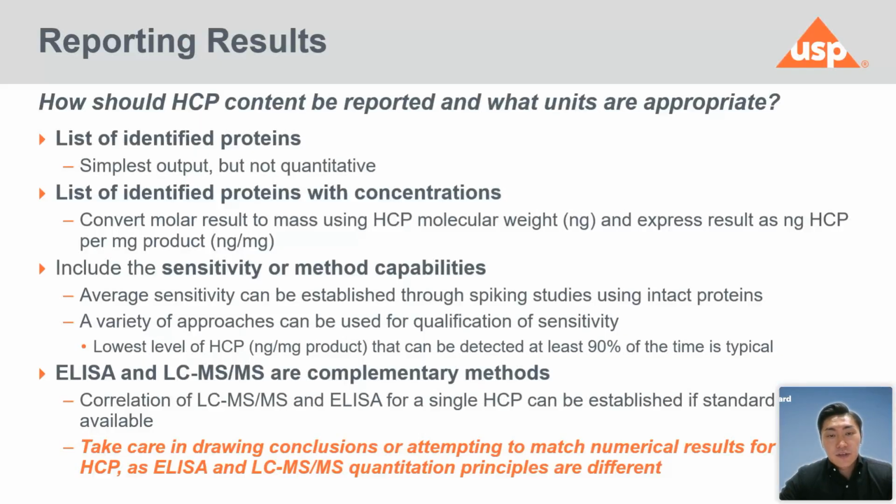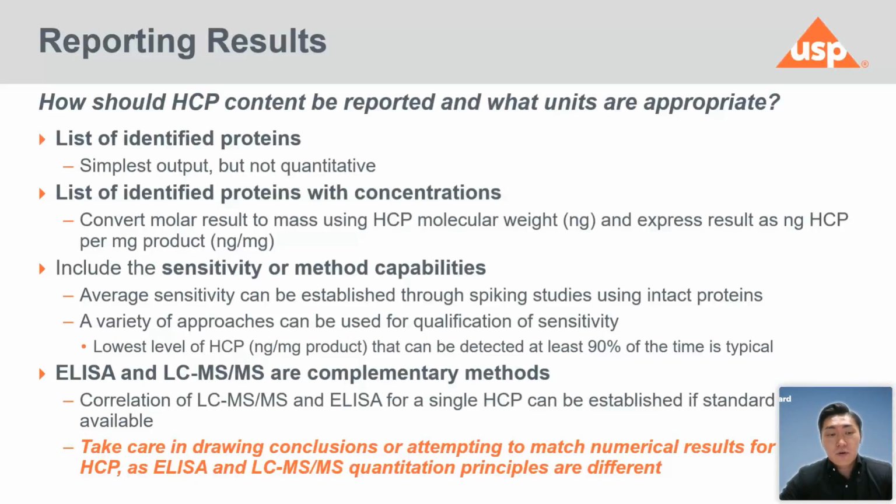Second thing that we thought would be important is also to include the sensitivity of the method capability. Average sensitivity can be established through spiking studies using intact proteins. A variety of approaches can be used for qualification of sensitivities. And the last part is ELISA and mass spec comparison. These are very complementary methods, but the correlation of LC-MS and ELISA for a single protein can be established if standards are available.